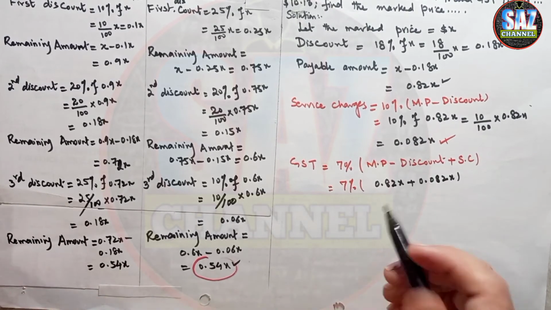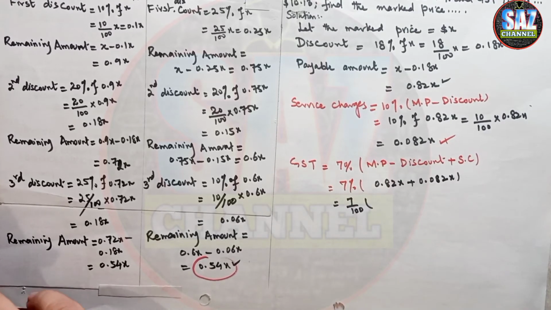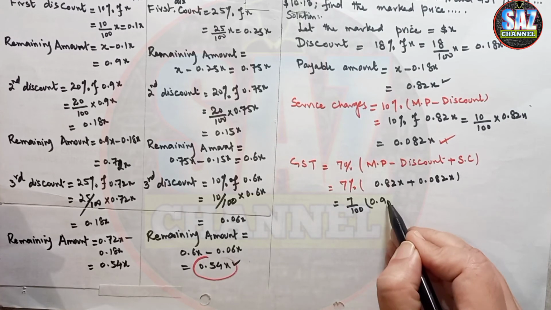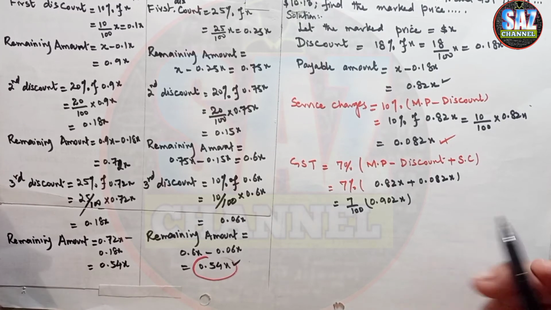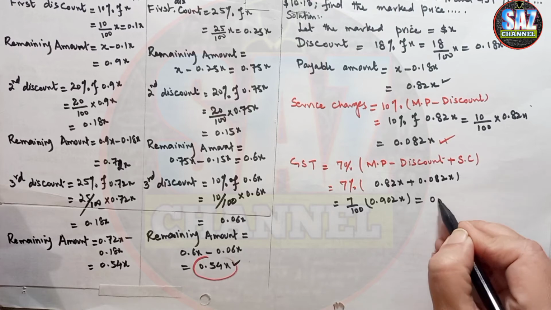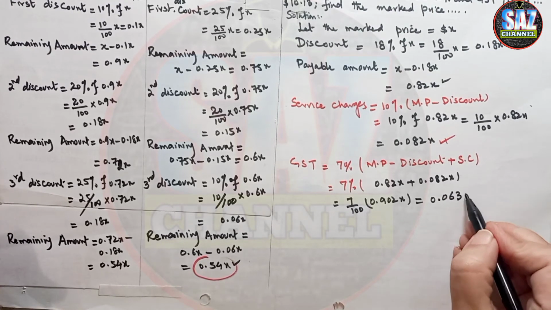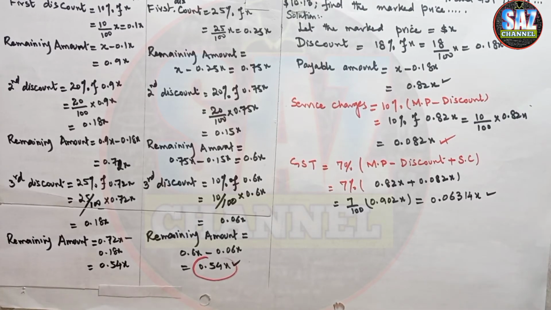Now let me first add them up. 7 over 100 times 0.82 plus 0.082, and this gives me 0.902x multiplied by 7 upon 100, and this is equal to 0.06314x. Okay, this is the amount of GST she has to pay.